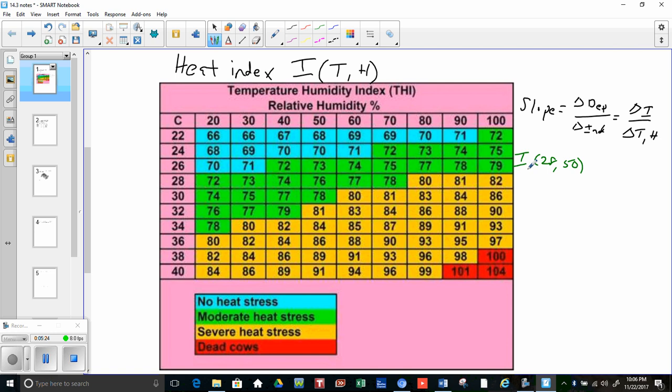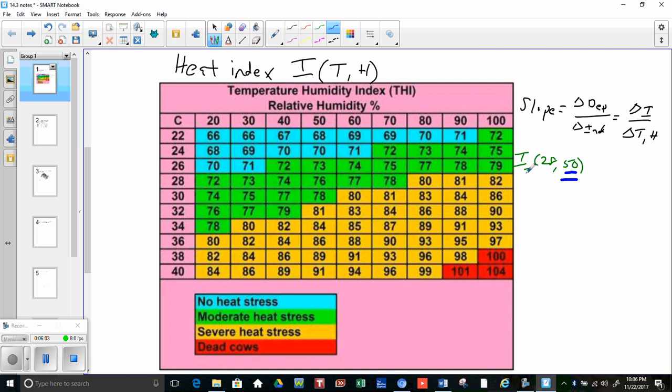Oh, I'm sorry, I forgot to put the little sub t down here. So what I'm looking for is the partial derivative of the heat index with respect to the temperature. What I'm saying is that if we hold the humidity constant at 50, so this is going to stay constant, I want to know how the temperature is going to affect the heat index when the temperature is 28 degrees, if we hold the humidity constant at 50.